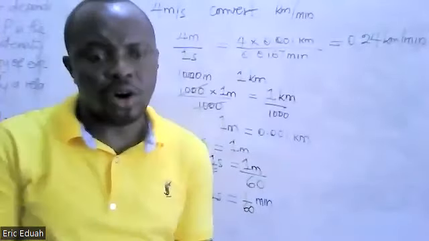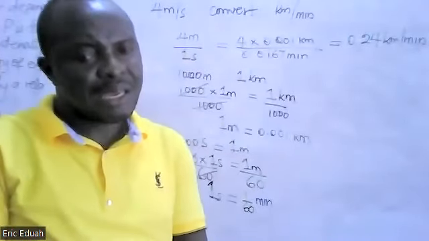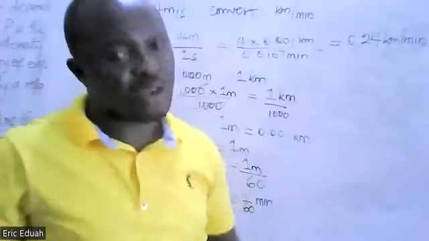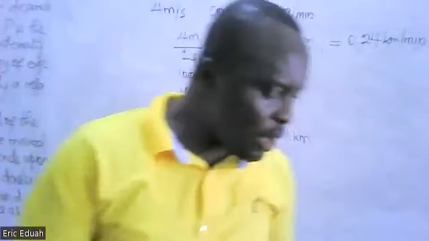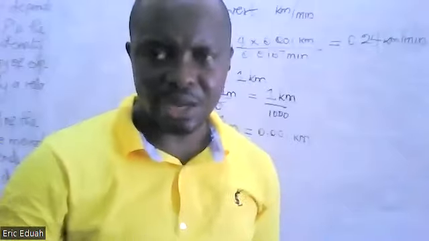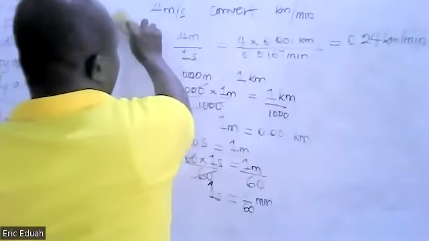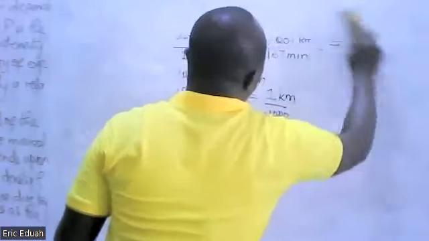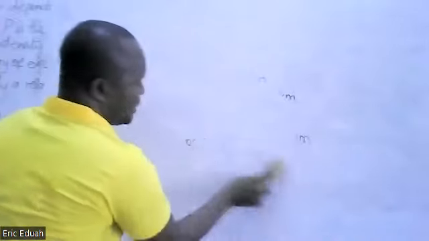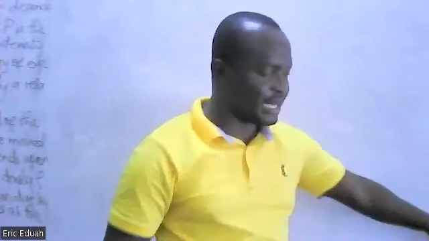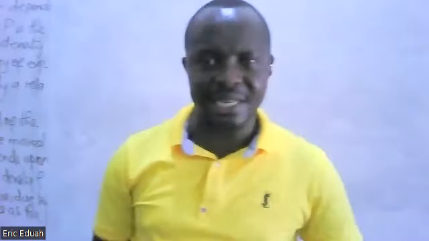So we were on acceleration. Let's quickly look at deceleration. So we are looking at motion in one dimension, one-dimensional motion. What do we mean by deceleration or retardation? When a body is decelerating or retarding, what do we mean?